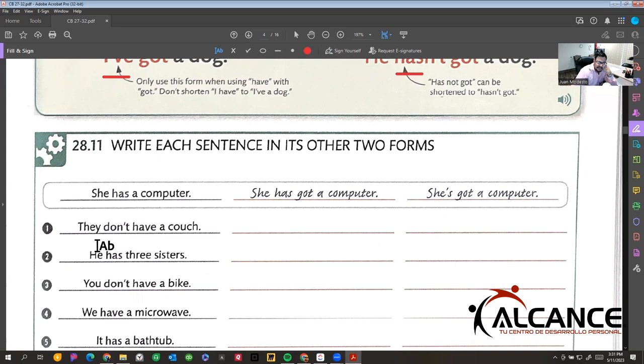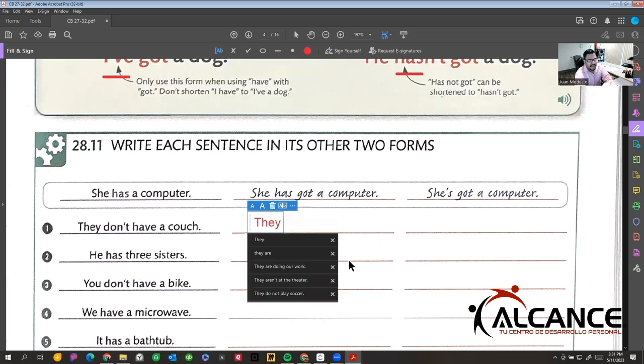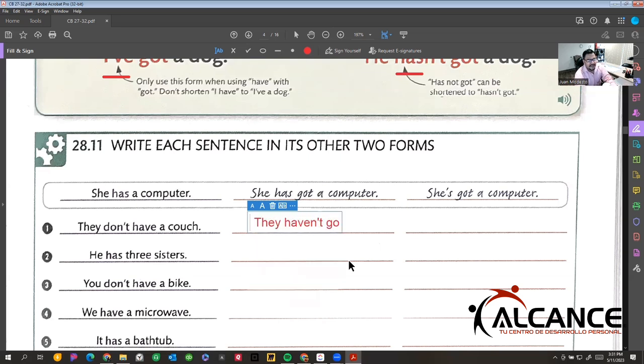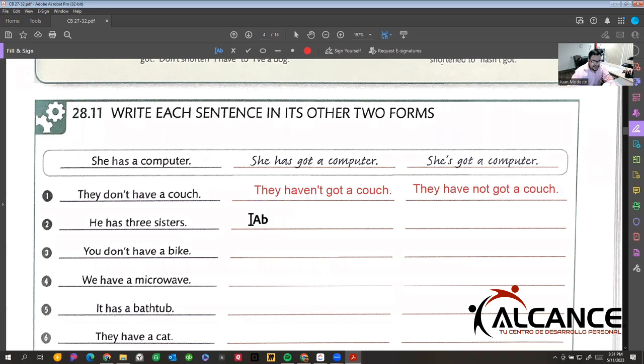So here we're gonna use the other negative way of saying it, o la otra forma negativa de decirlo. So this is how you say it. They haven't got a couch, or they have not got a couch. That is the other way to say it.